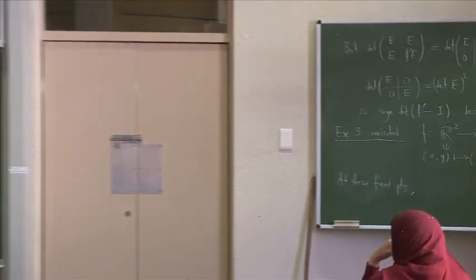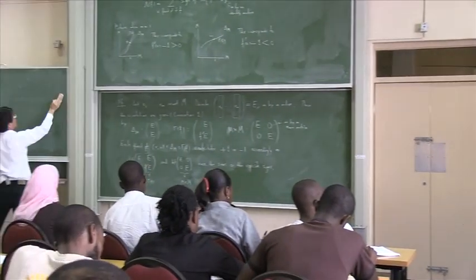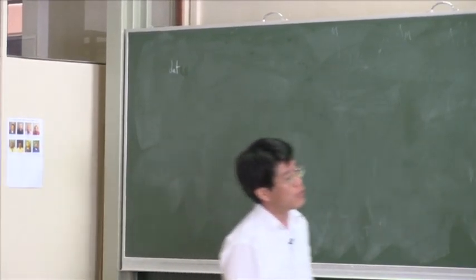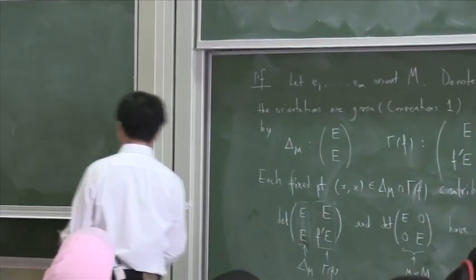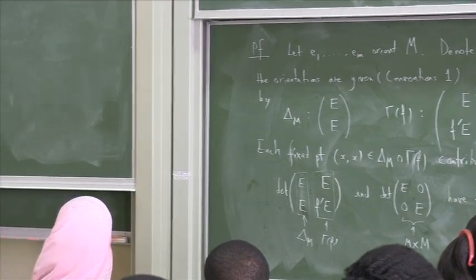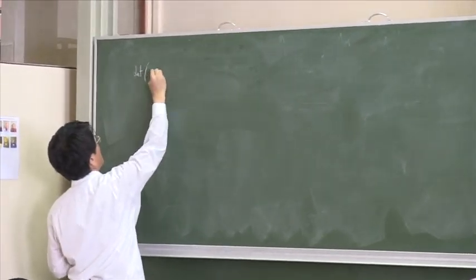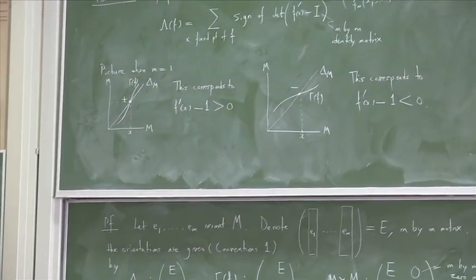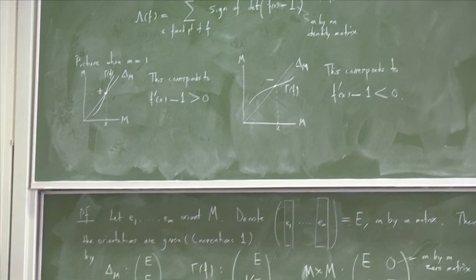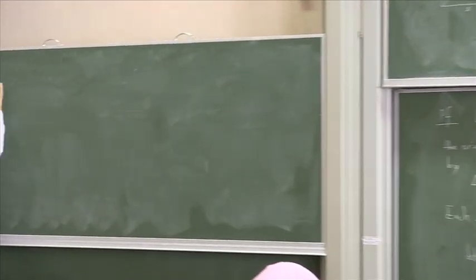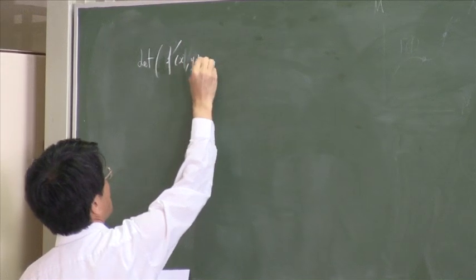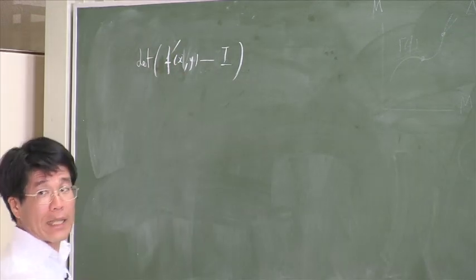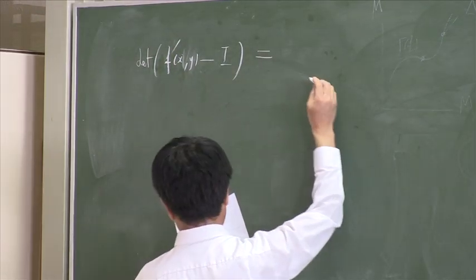At these fixed points, what is the determinant of that matrix? So f prime minus I. So in this case, f prime at xy minus I is a 2 by 2 matrix. When I say f prime, I mean again the Jacobian. This is equal to the following quantity.